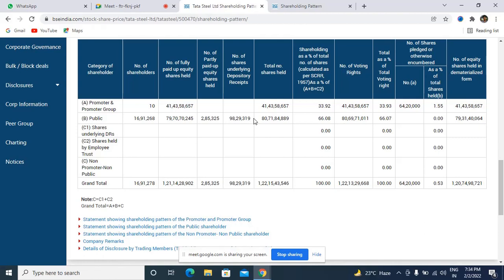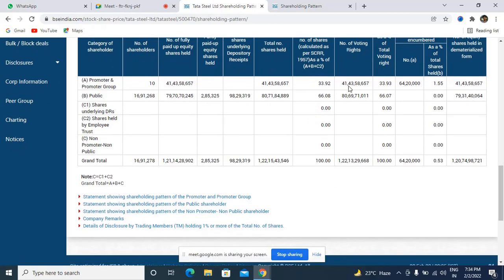And for the FII, there can be foreign portfolio managers, foreign mutual funds, pension funds, anything. So this public category, 66.08% shares of Tata Steel, anyone can buy these shares, any government, anyone. This is available for the public at large to just buy and sell.